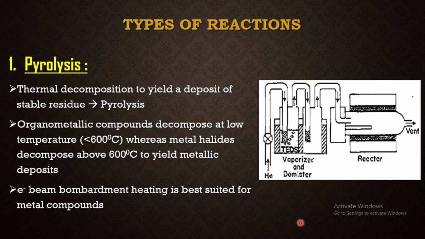And electron beam bombardment heating is the best suited for pyrolysis of metal compounds, because the electron beam is not going to contaminate the precursors, which we have already seen in our previous class while discussing the thermal evaporation technique.